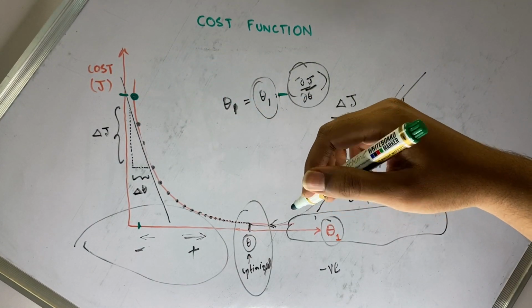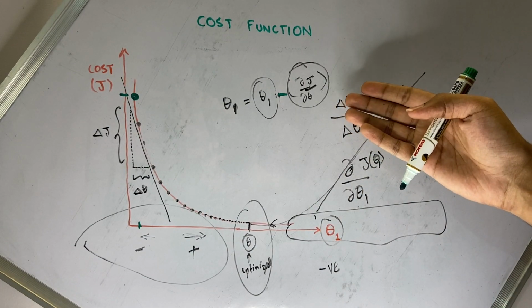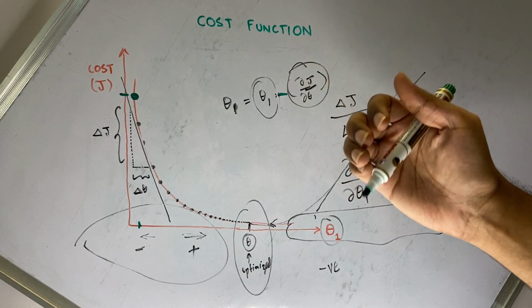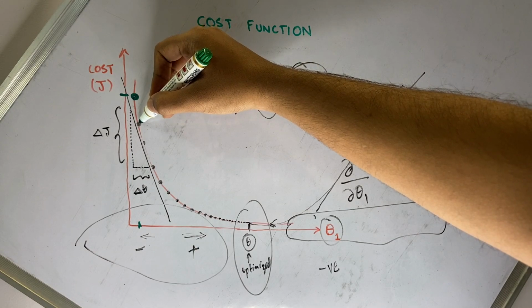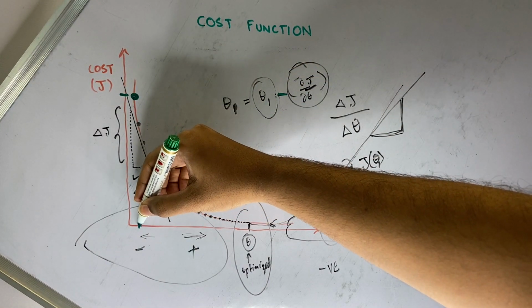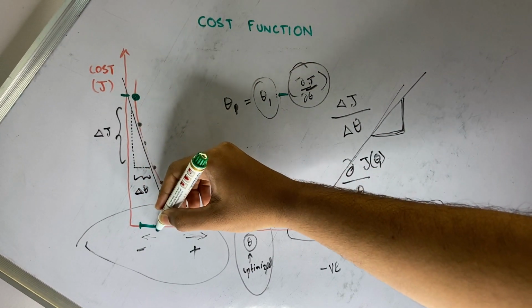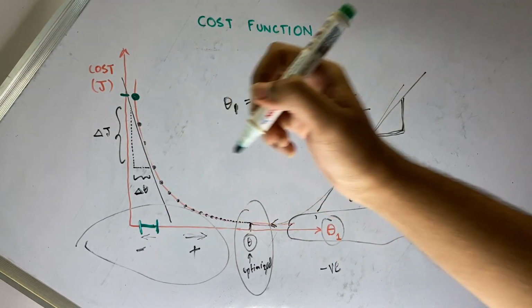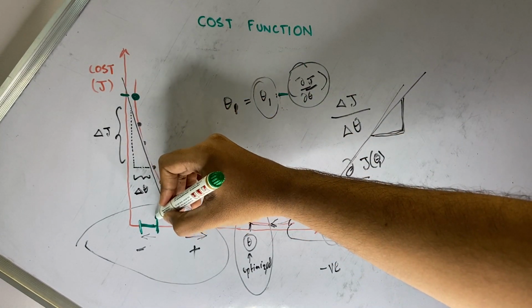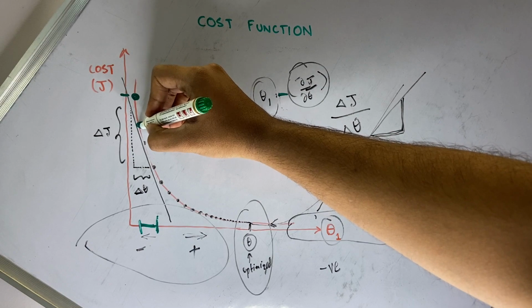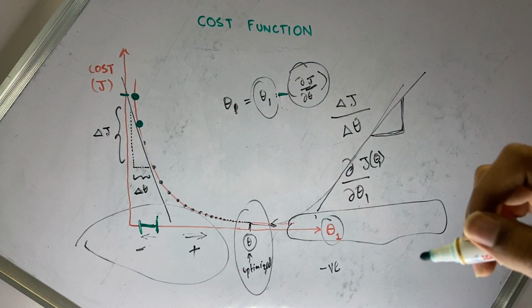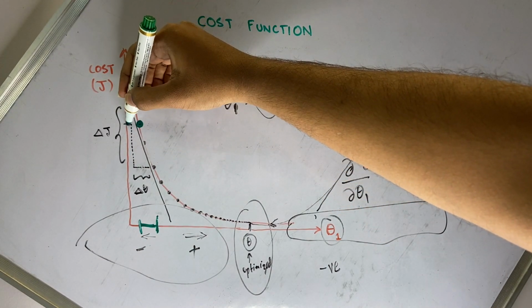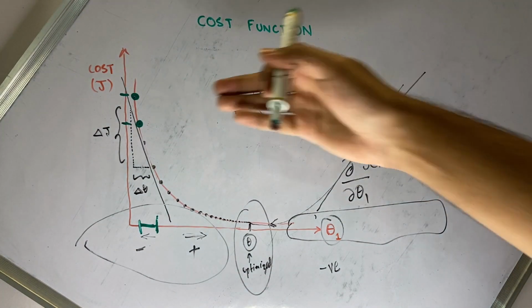Once you have calculated the derivative, you would be subtracting a larger number. So the difference between the first value and the next value will be bigger, and the next point will be this. And the cost would have reduced significantly compared to the previous one.